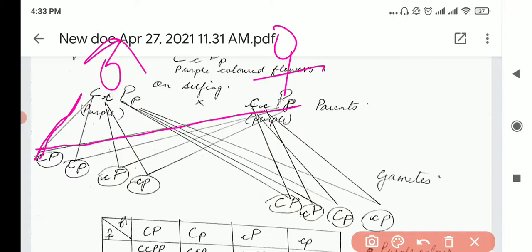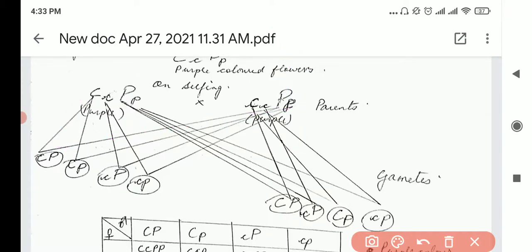Then you went to capital P. So you got CP, capital C and capital P. Then you are not done, because there are two different types of alleles in the female, a capital P and a small p. So either the sperm can fuse with this capital P or the small p.